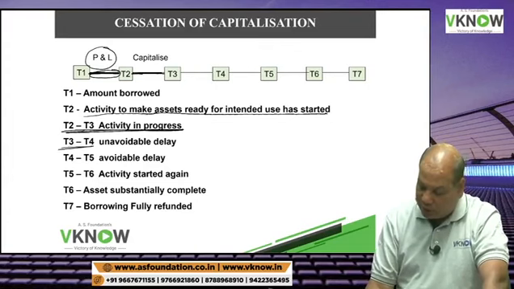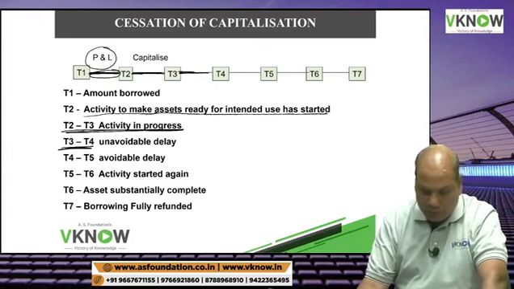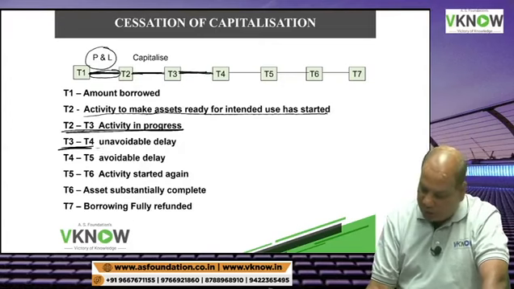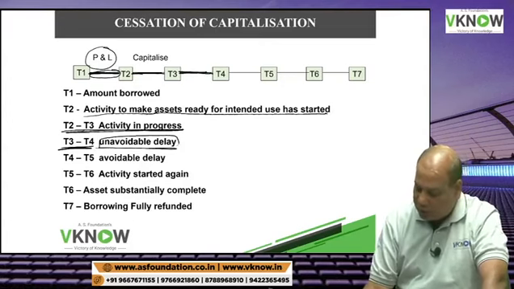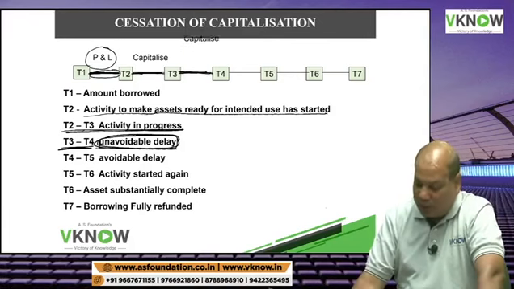Then what happened between T3 to T4? Yes, Sanket is right. Capitalize. Unavoidable delay. Unavoidable means we will continue to capitalize.